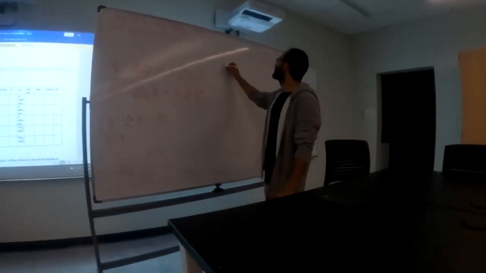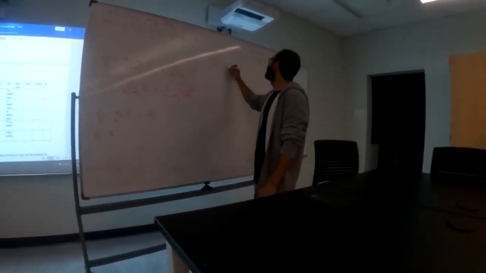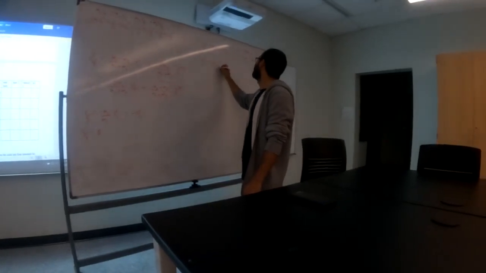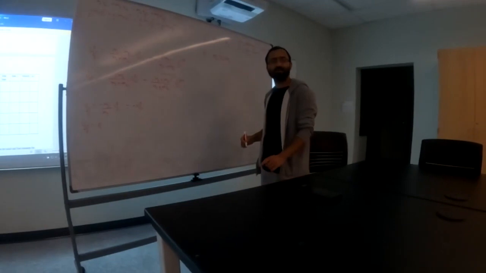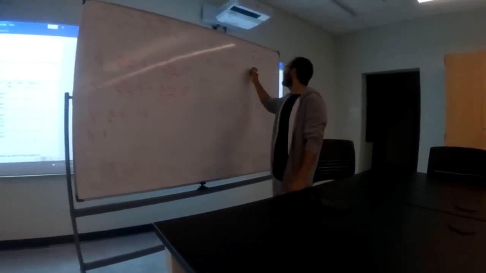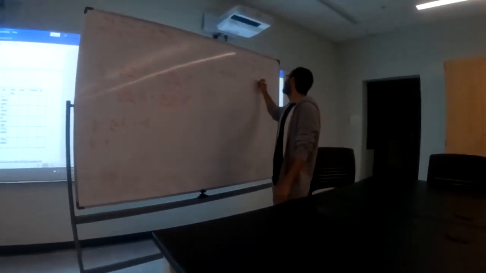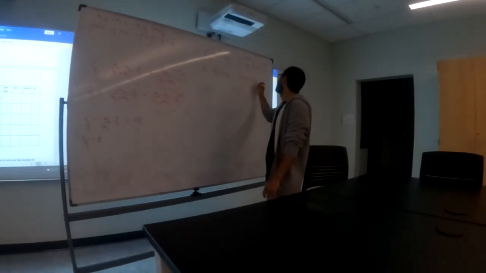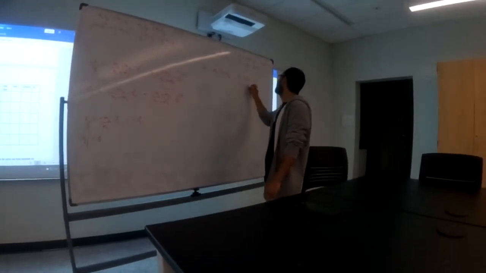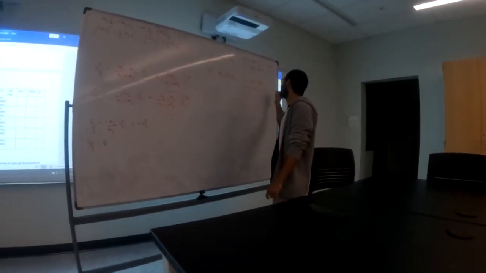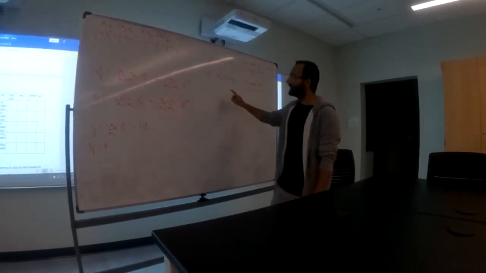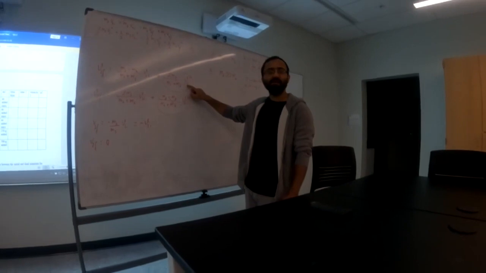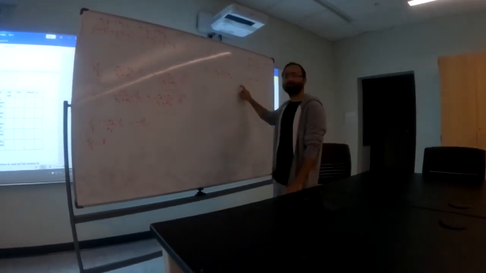Now the second case. What if M1 is far greater than M2? In this case, 1 is the semi-truck and 2 is that boy on the scooter. Now we have assumed that V2I is 0, so this boy is at rest.